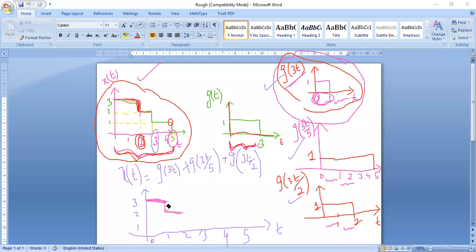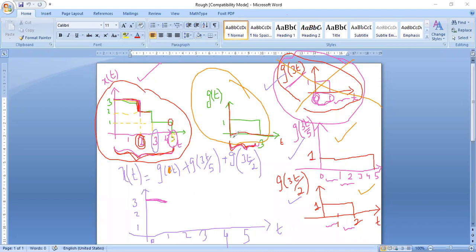So let me try adding instead of g of 3t. I will strike out g of 3t, and take g of t directly as one of my signals, along with the remaining two signals which we have already taken. Now let me add.